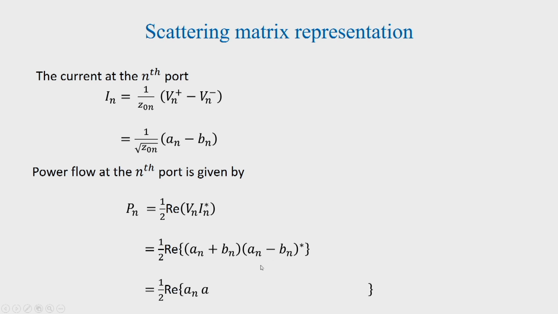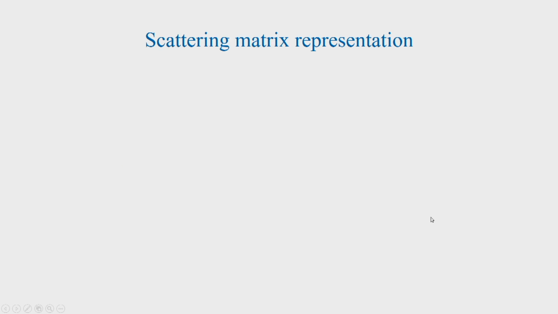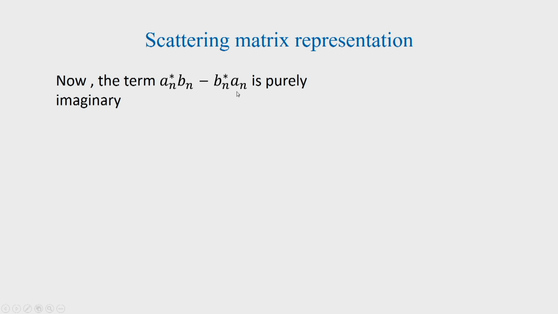When it is expanded, we can write in this form: A n A n conjugate minus A n B n conjugate plus A n conjugate B n minus B n B n conjugate. Now, this term can be shown to be purely imaginary, and therefore, we can write P n is equal to half A n A n conjugate minus B n B n conjugate.